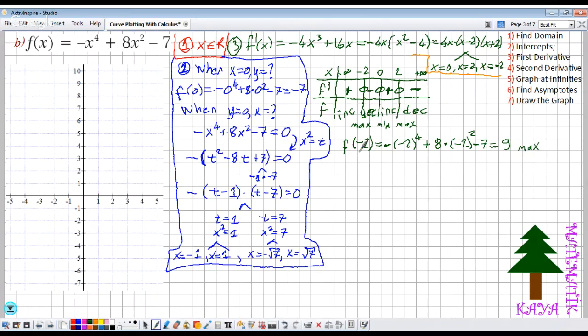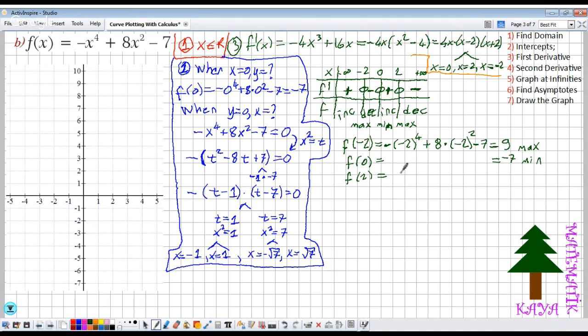So then the minimum point is when x is equal to 0. I couldn't write so well, sorry about that. f of 0 is the minimum point. We already calculated that in the beginning, and it is equal to minus 7. Then we should calculate for f of 2.